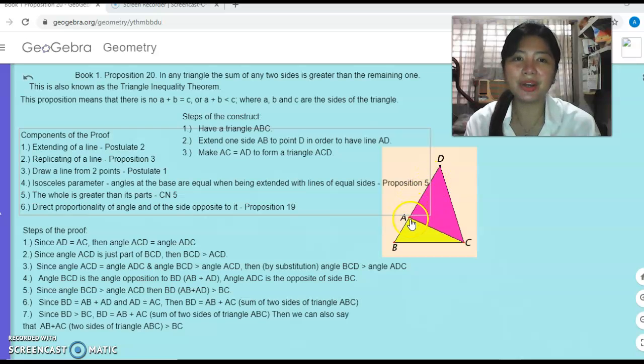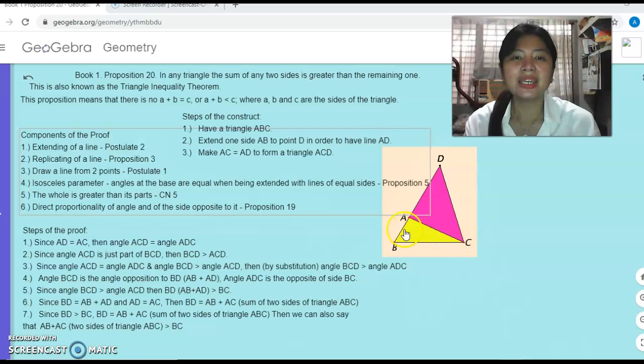We can see here that the side BD is equal to side AB plus side AD. So in other words, we have the equation BD is equal to AB plus AD. And since AD is equal to AC, we can also say that BD is equal to AB plus AC. We replace AD with AC.